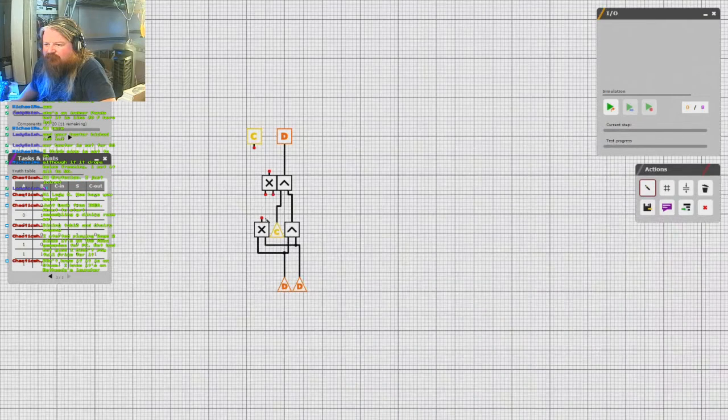But at the same time, if we've got both of these, then that outputs this. And if both of those output, then yeah. I think we got it here.